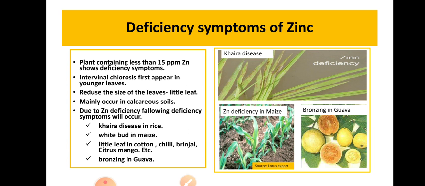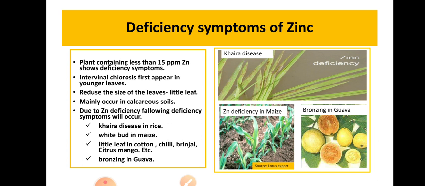The deficiency symptom of zinc take place in plant if its amount is less than 15 ppm. The interveinal chlorosis first appear in younger leaf. Due to deficiency of zinc, the size of the leaves reduces and it causes little leaf diseases.